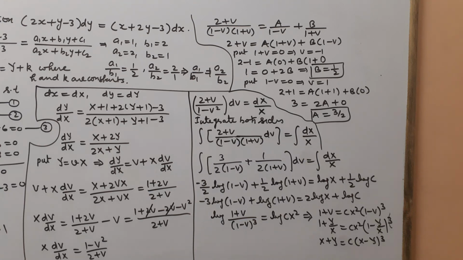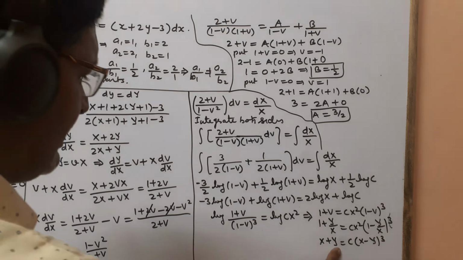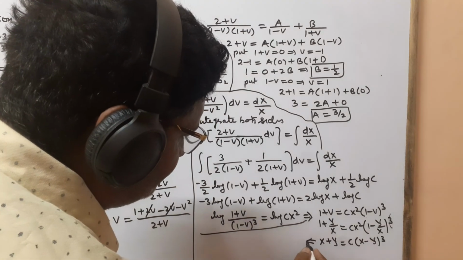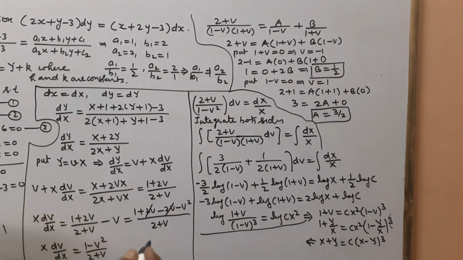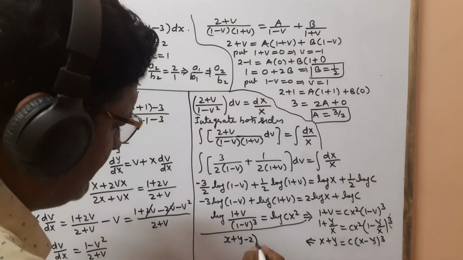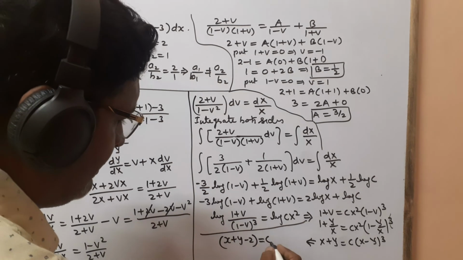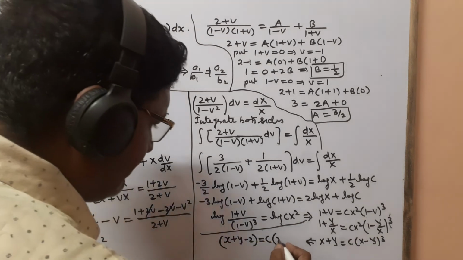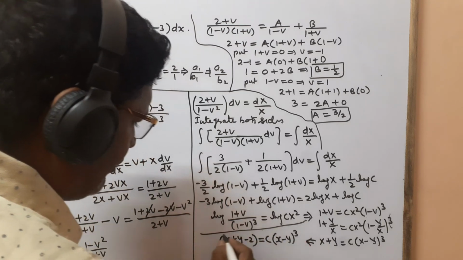Now we put the values of capital X and capital Y in terms of small x and small y. So we get x + y − 2 on the left hand side, and on the right hand side when we subtract Y from X, we get small (x − y) whole cube.